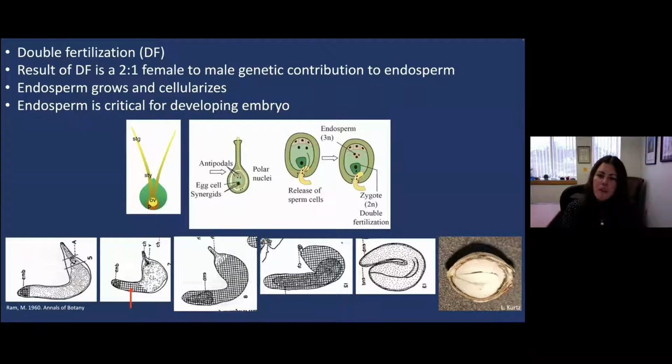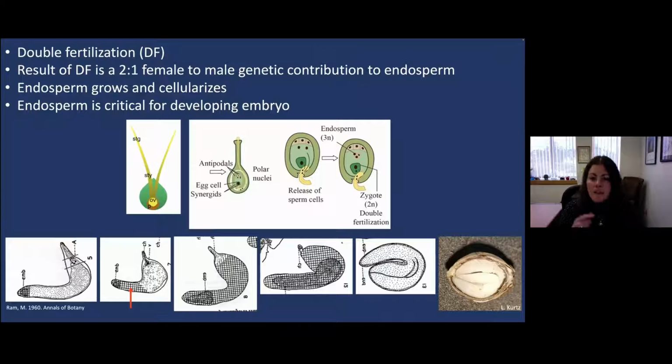One of the sperm unites with the egg, creating the traditionally diploid embryo, and the second sperm unites with two haploid nuclei in the female gametophyte, and it creates endosperm.